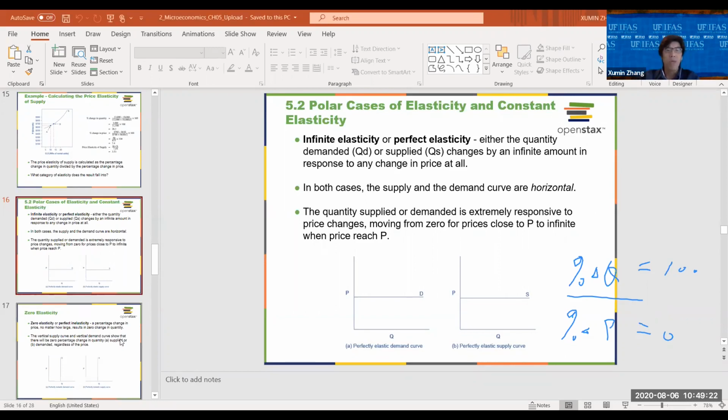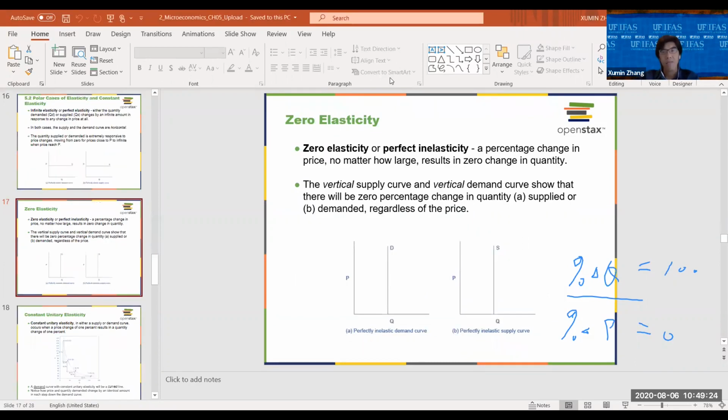Also, we have a vertical line. The vertical line indicates zero elasticity. Similarly, when calculating the elasticity, we know the percentage change of quantity is 0, no matter what the price change is.